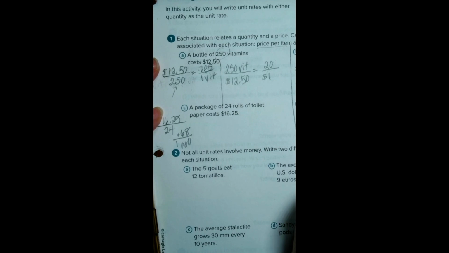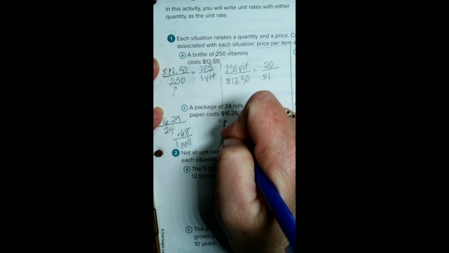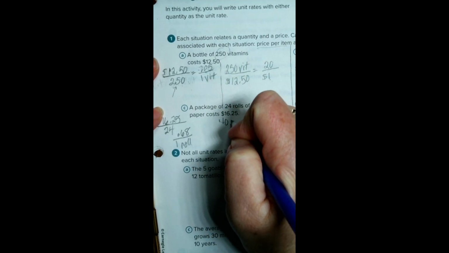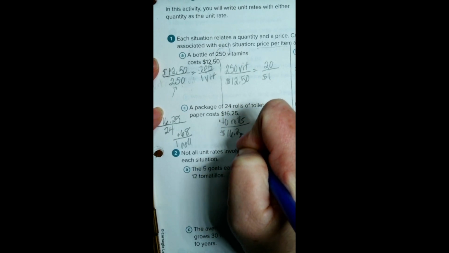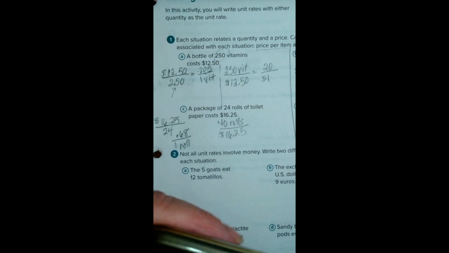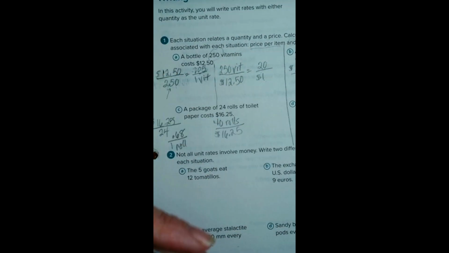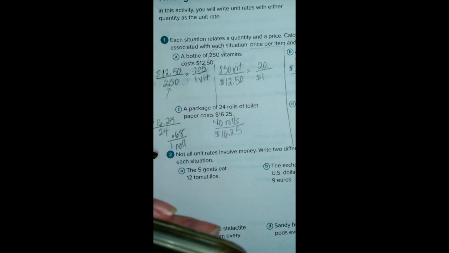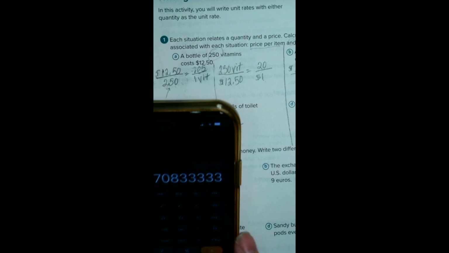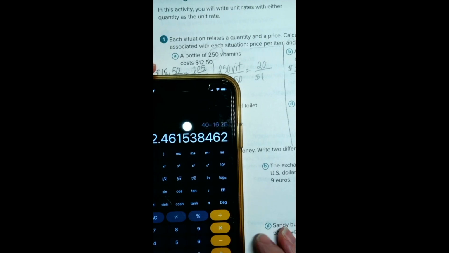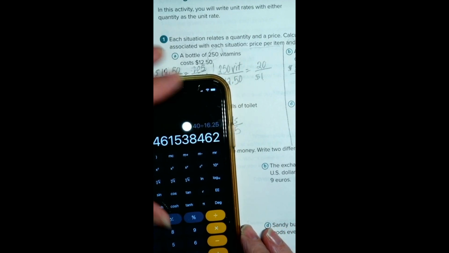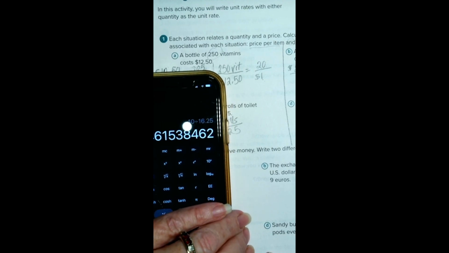And then if we do items per dollar, so 24 rolls for every $16.25. So if we divide that, oh, I lost my calculator. So if we do that, we have 40 divided by 16.25. We get 2.46.